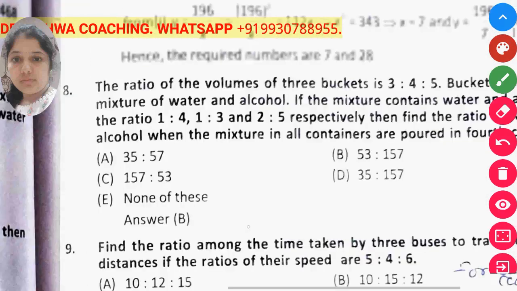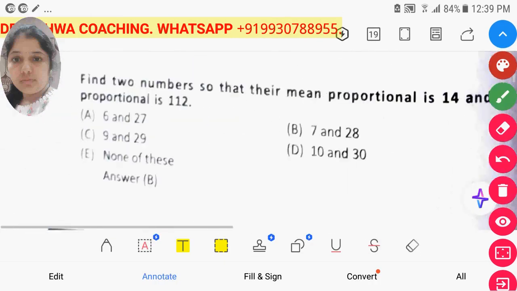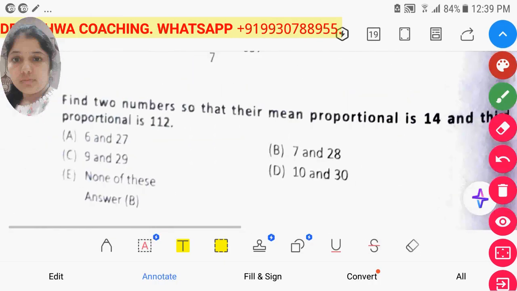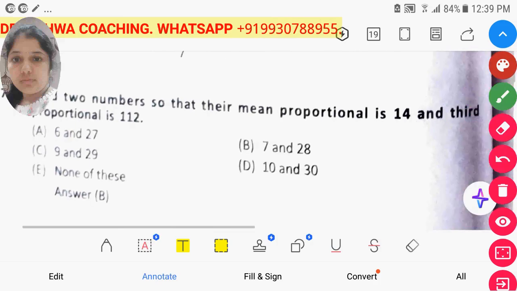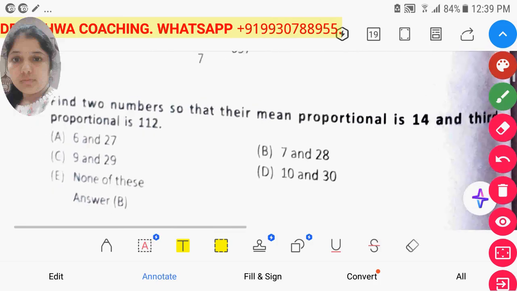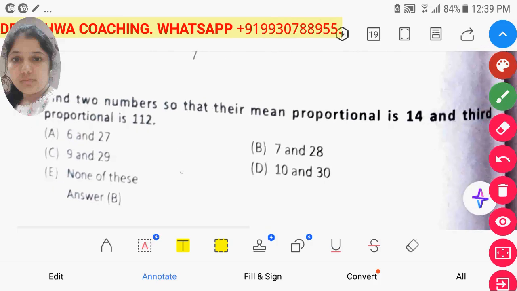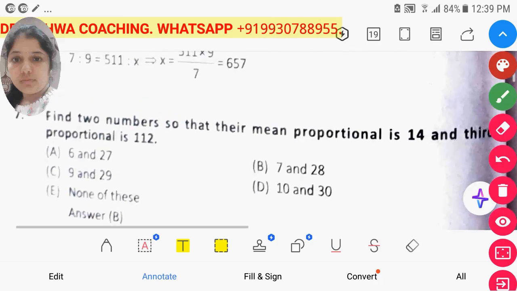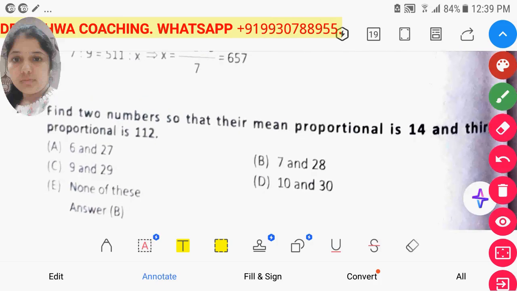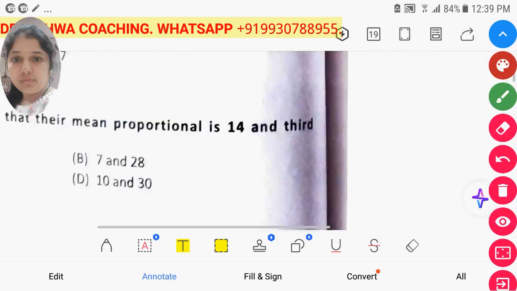Now the next: find the two numbers so that their mean proportion is 14 and the third proportional is 112.